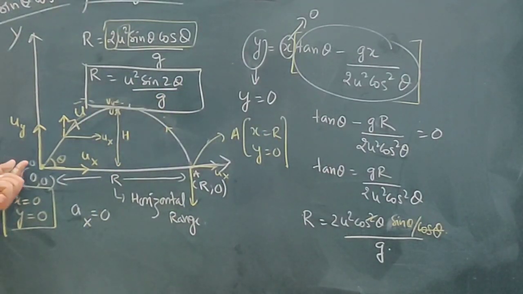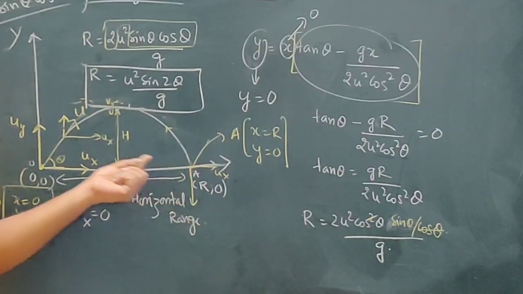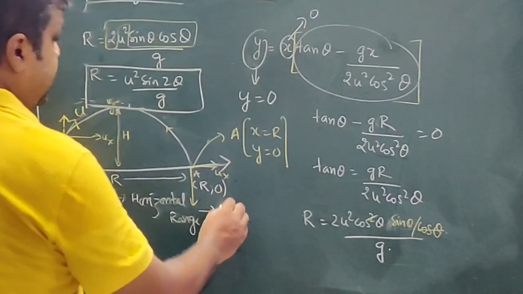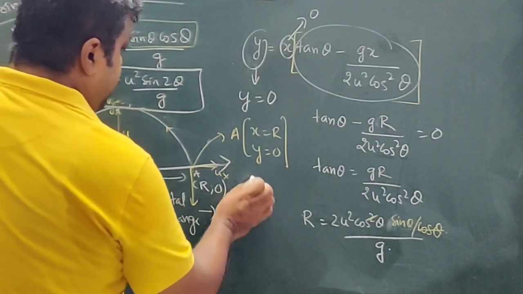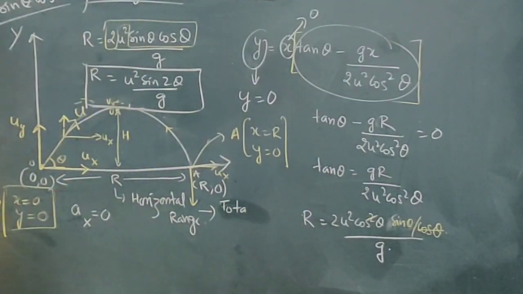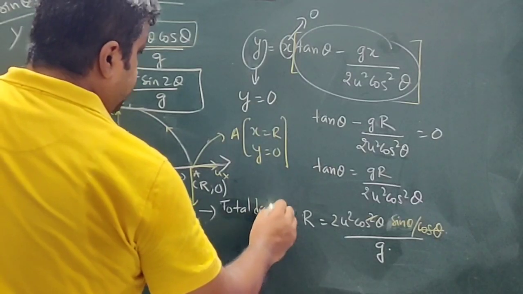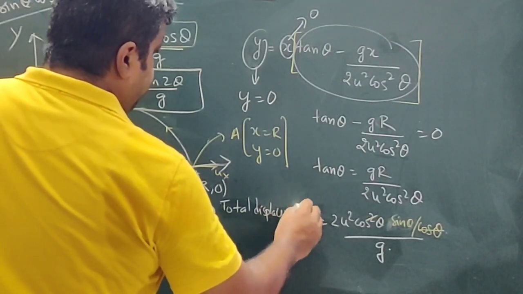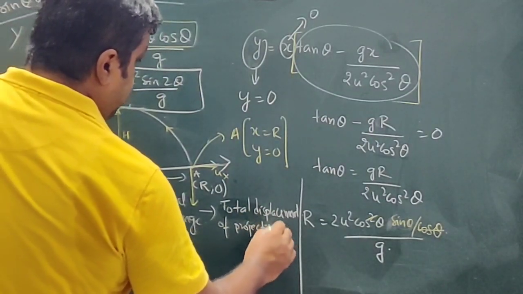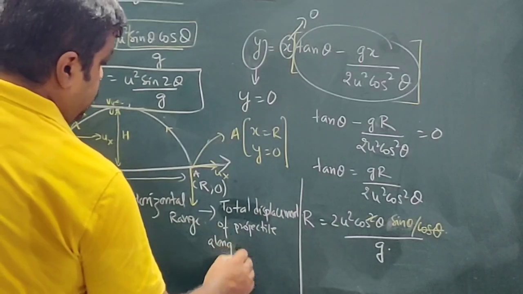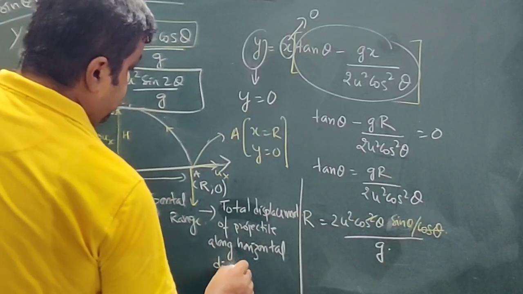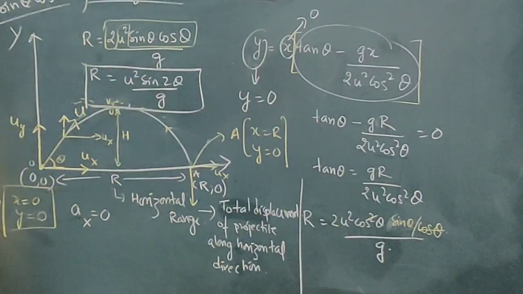So what is the range? Range is the maximum distance traveled by the projectile in horizontal direction. Okay, horizontal range definition, you can write it as maximum displacement or total displacement. You can write total displacement because that is the total displacement of projectile along horizontal direction.